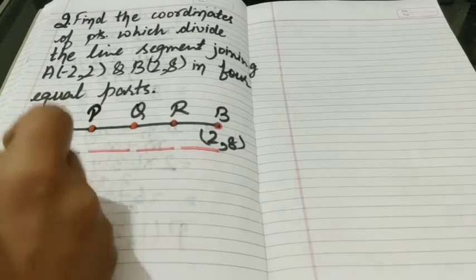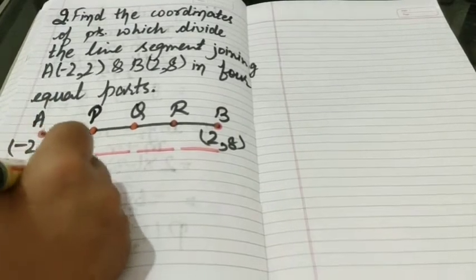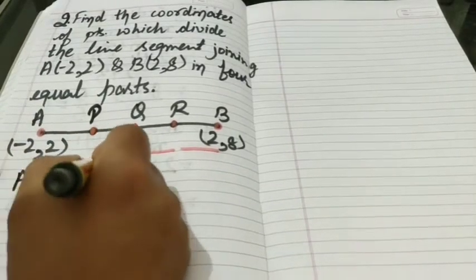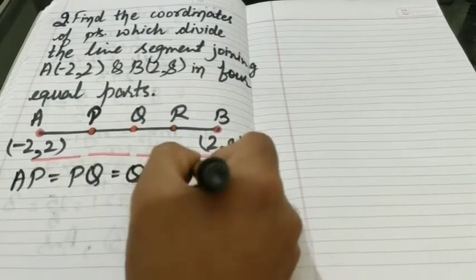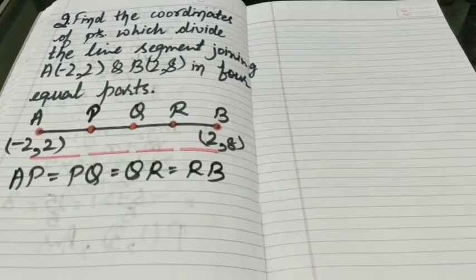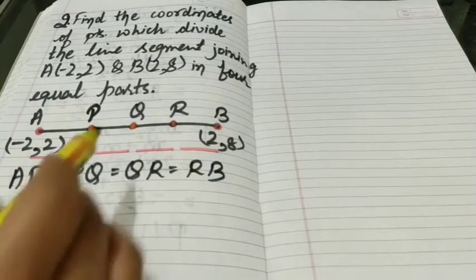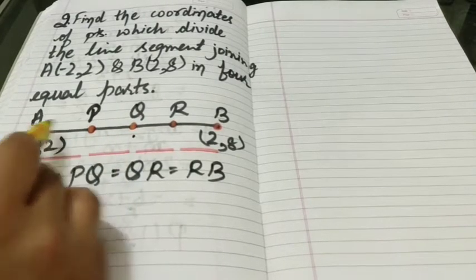Since the lengths of AP, PQ, QR and RB are the same, it is clear that point Q is the midpoint of line segment AB.